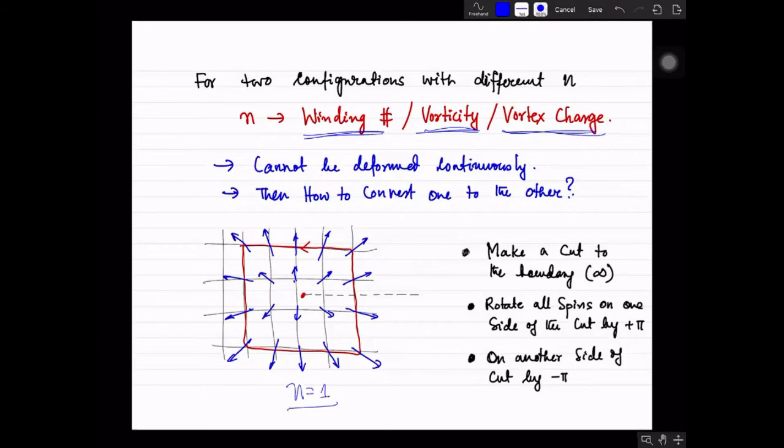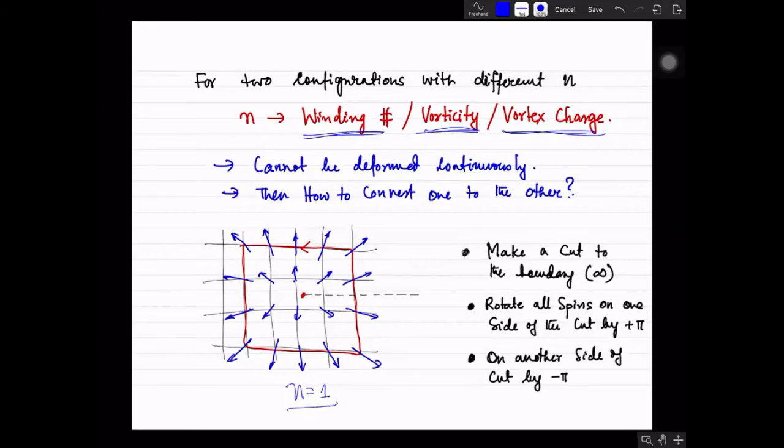And how do I deform it to an n equal to 0 configuration? Just like to solve the monopole problem, we took a gauge choice of the vector potential, here we also take a gauge, not in a very different sense.